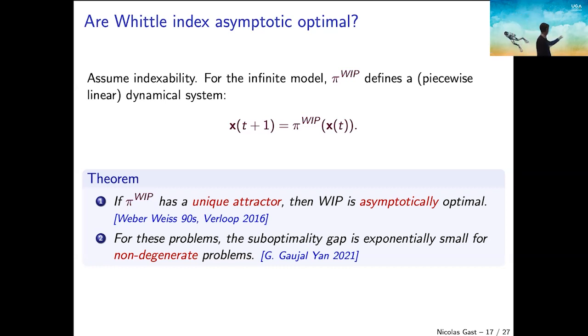So I just write pi^Whip, which would be my dynamical system that associates to a given state x_t my state x_{t+1}. And in fact, you can show, it's not really that complicated, that this system has a unique fixed point.